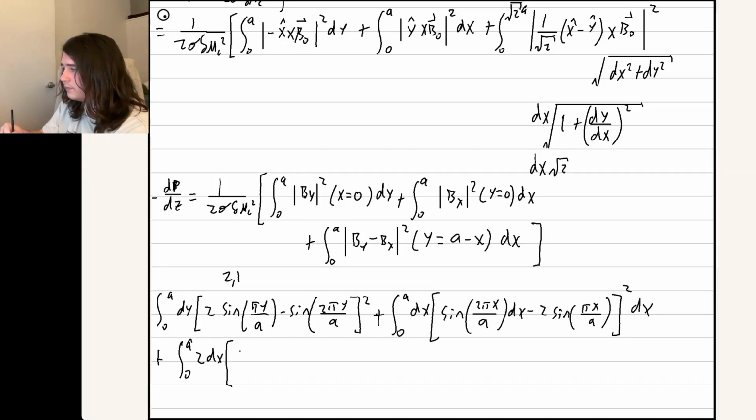So that is looking like, well, you also have a factor of 2 out front, so let me write 2 dx. So you have cosine. Actually, no, there's not a 2 out front.